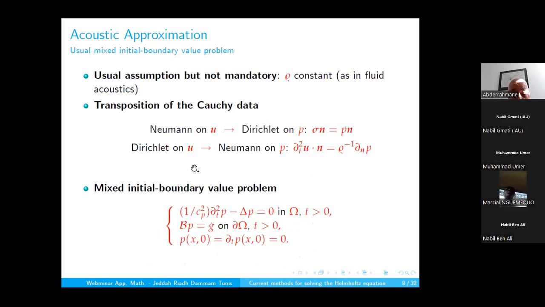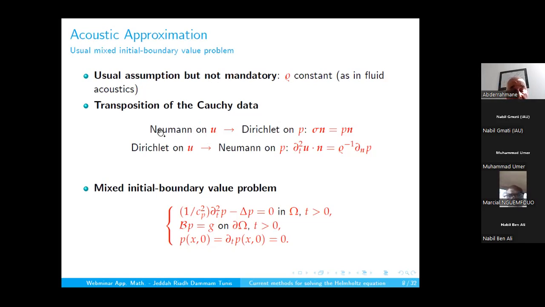And in fact, initially you have a boundary condition on U, the displacement, but you can easily translate them in terms of boundary condition on P, but they transform from one type to the other.